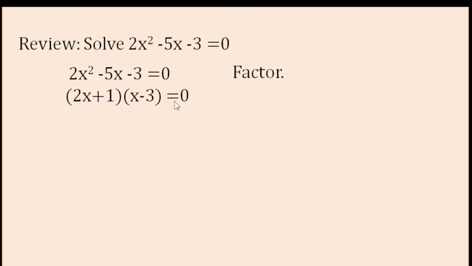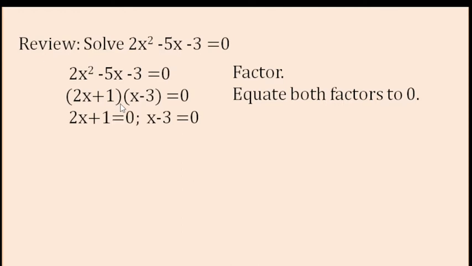It's an equation, so it's equal to 0. Then equate both factors to 0 again. So the first factor is 2x plus 1, equate it to 0. And the second factor, x minus 3, equate that also to 0.